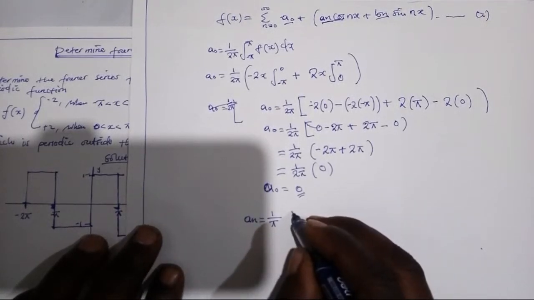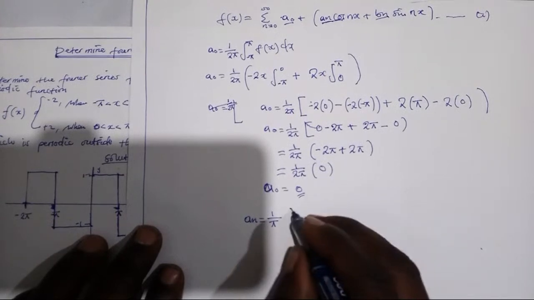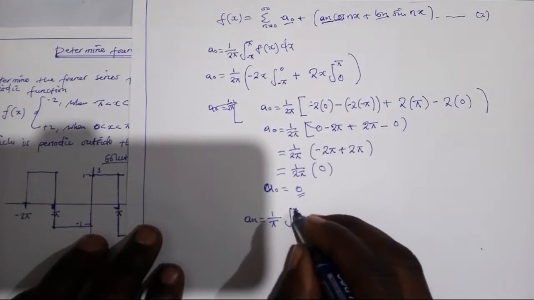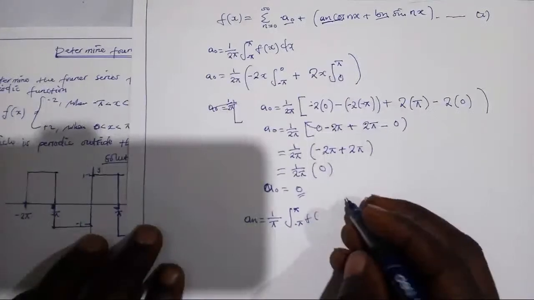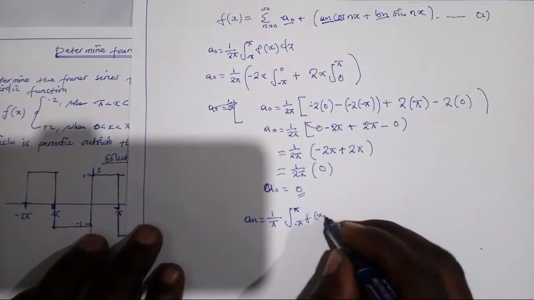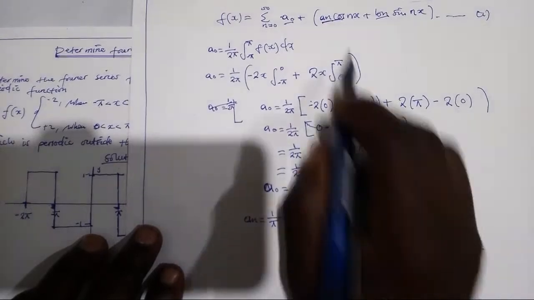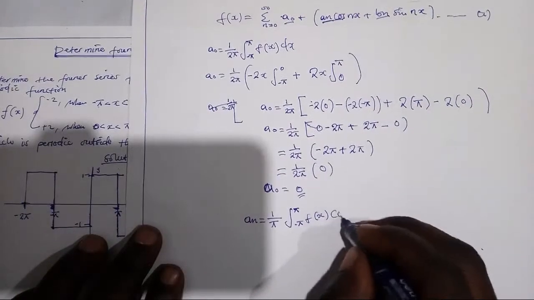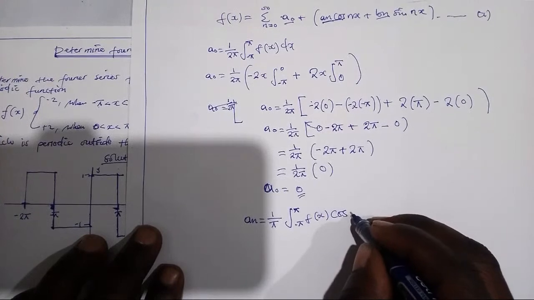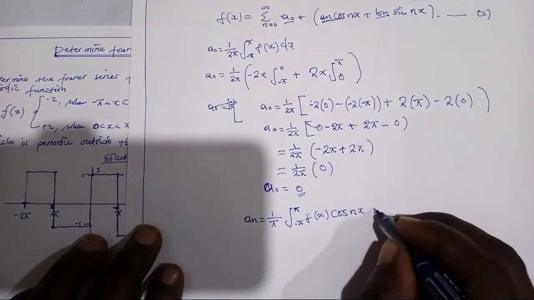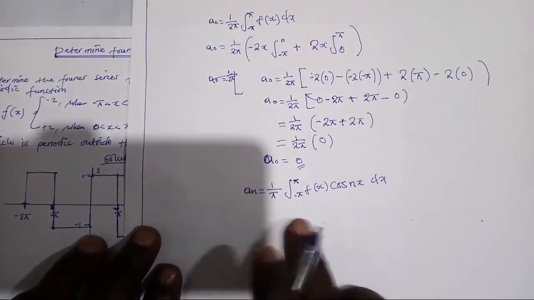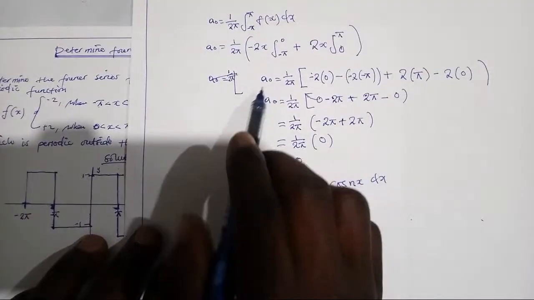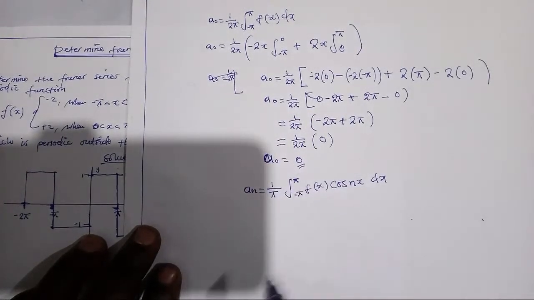Then the integral from minus pi to positive pi of f of x, we have cos n x dx, okay? Here we are finding a sub n because a sub 0, we have found that it is 0, okay?